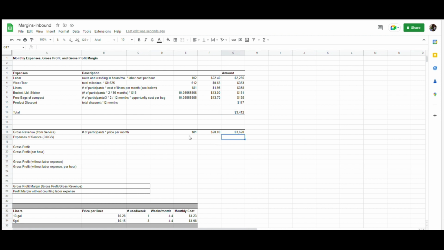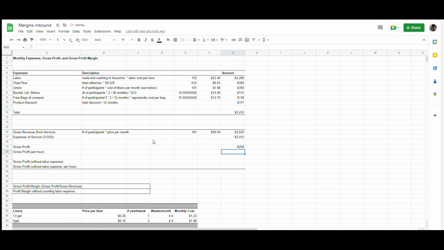So I just say equals G12 and it knows to put it in there. Now, the gross profit, as you might imagine, is what we take in versus what we have to sell. So for that cell, we want to say equal G16 minus G17.